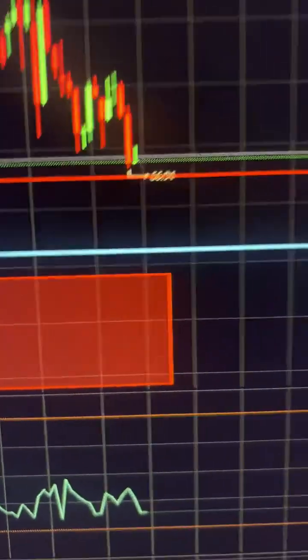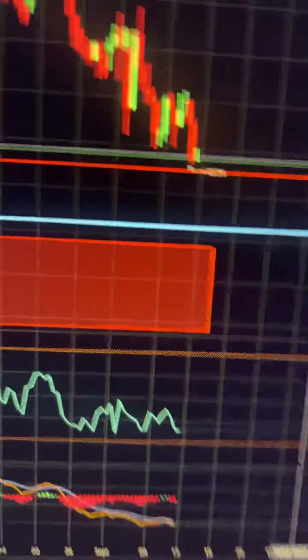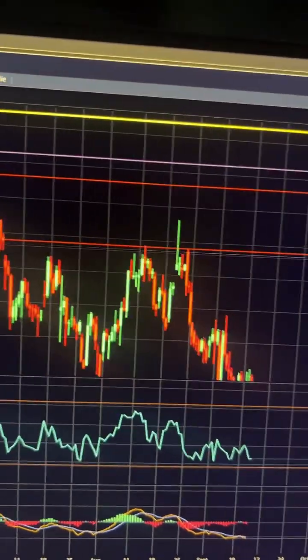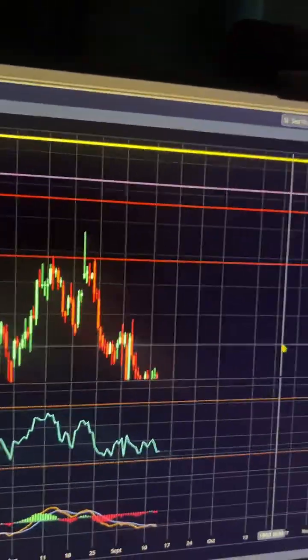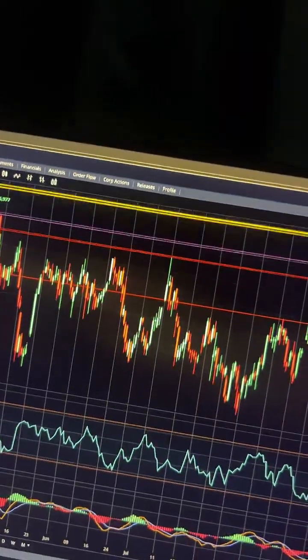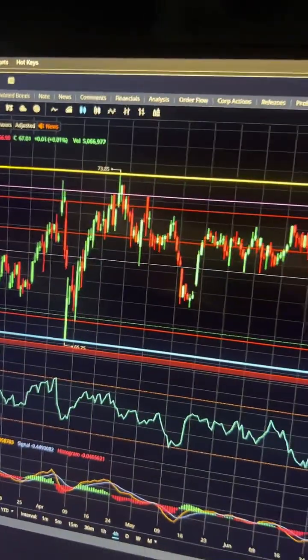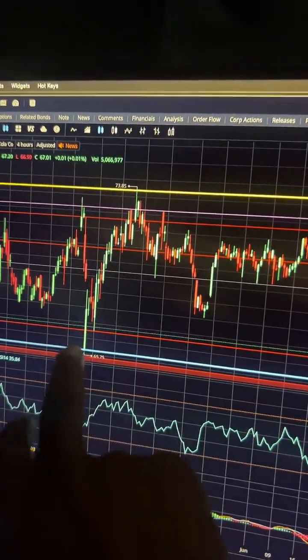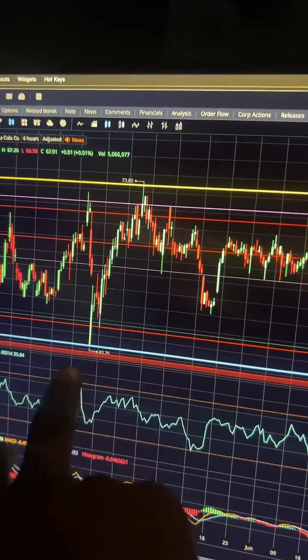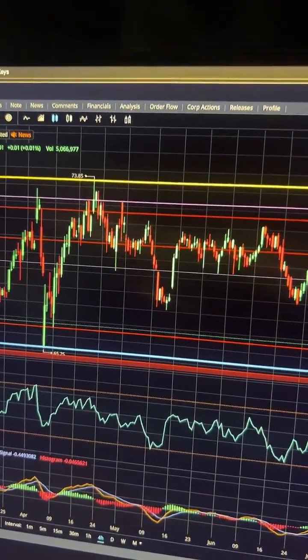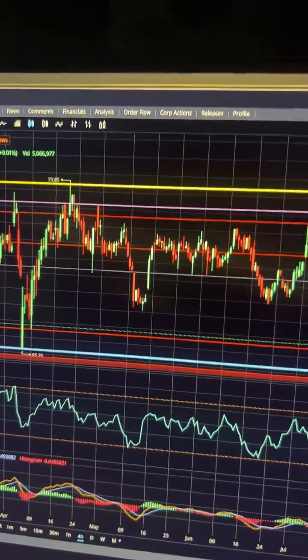If it gets to $65 and doesn't go below this baby blue line, it'll go all the way back up to $70, all the way up to the yellow line. I'm telling you that. I know this to be true because I've done this a lot of times, okay? I know that when the price gets down here, if it doesn't break below this line, it will go back up. Do y'all understand what I'm telling you?